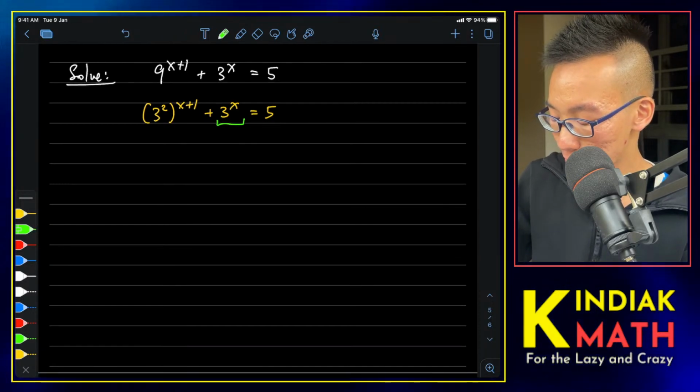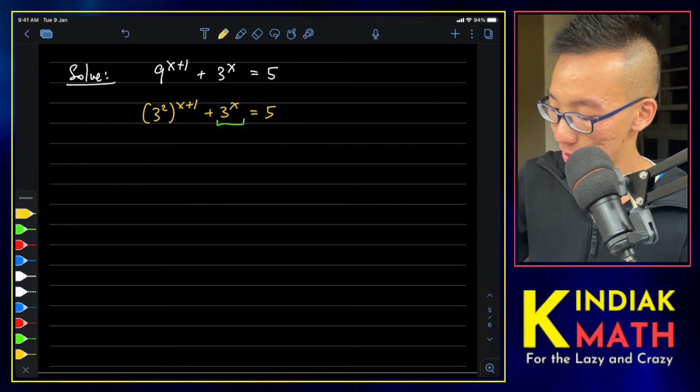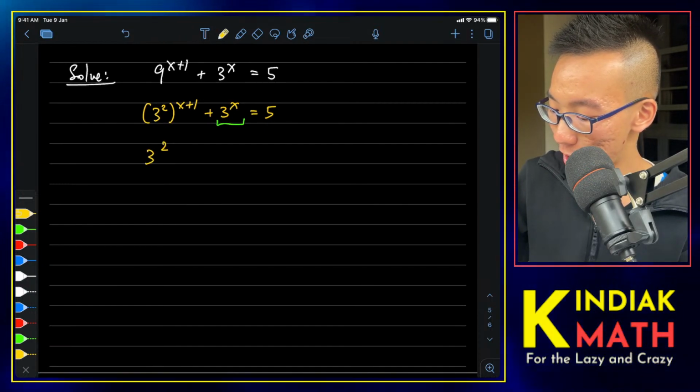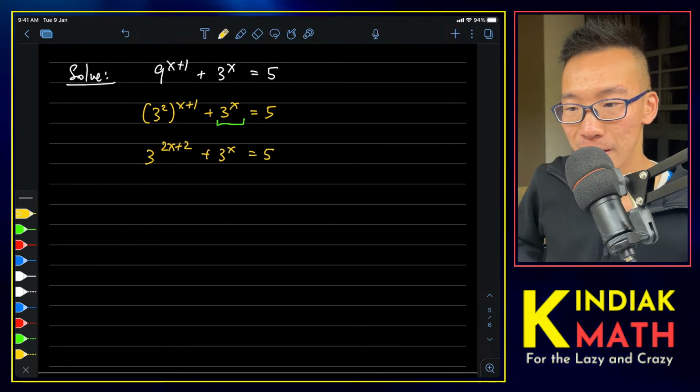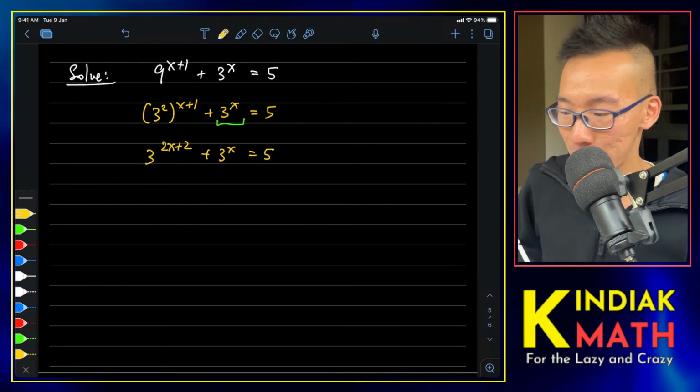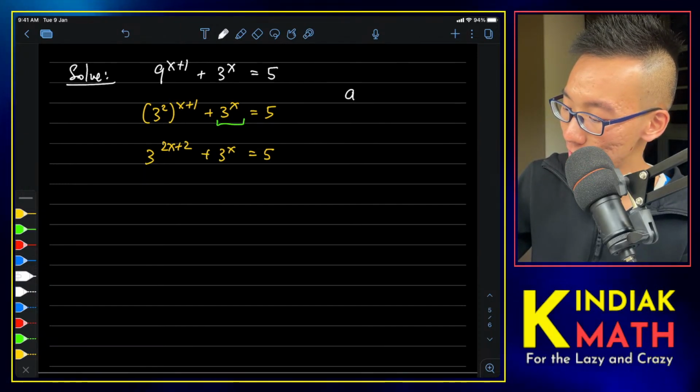So the idea that we're going to do right over here is that we're going to write this as 3 to the 2x plus 2, right? Because we can do the multiplication. We are using this property over here.